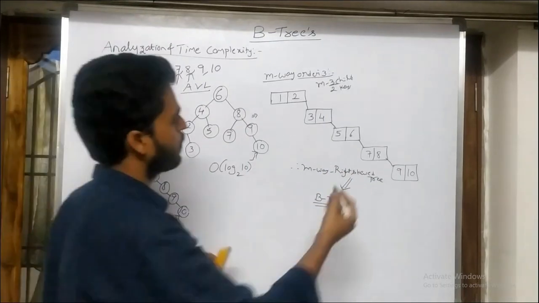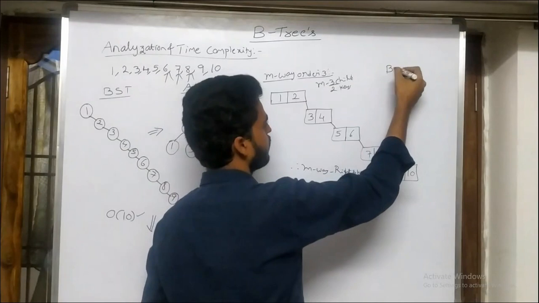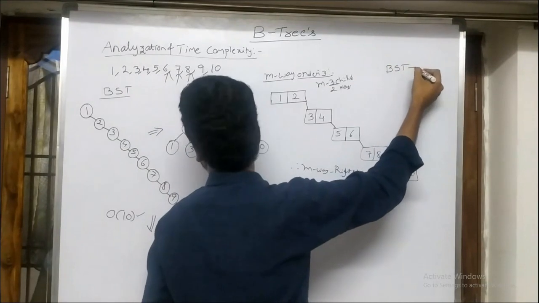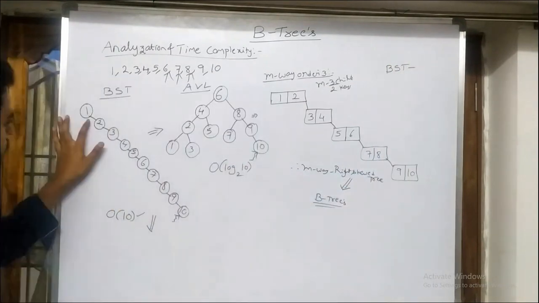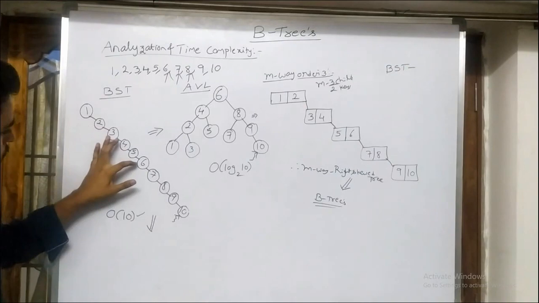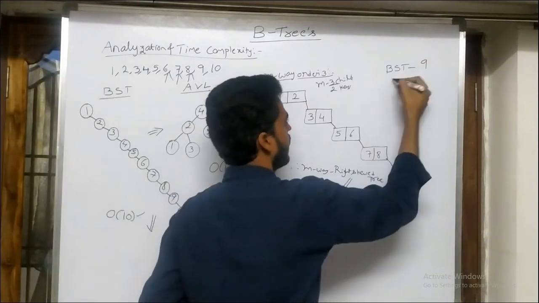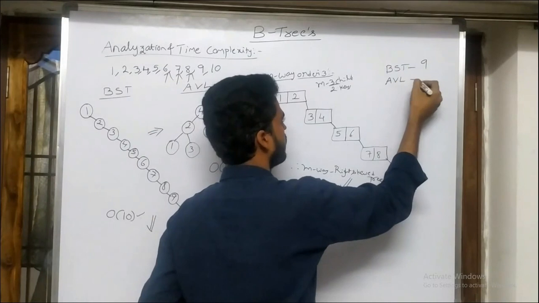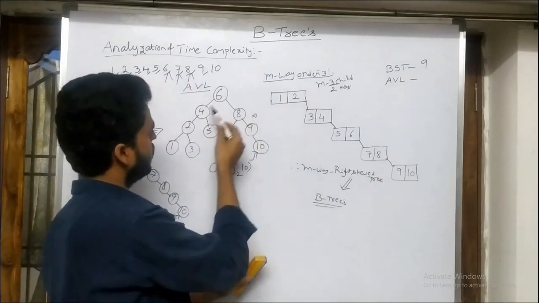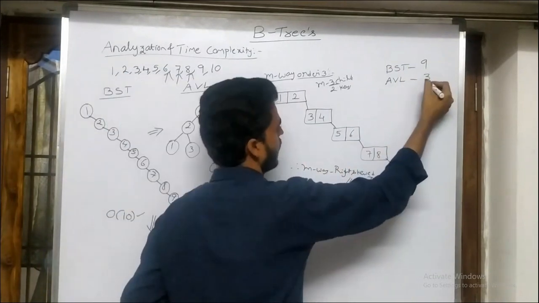I will write it separately. For the same elements, if I construct a BST, I get the tree height as 9. If I construct an AVL tree, my tree height is 3.